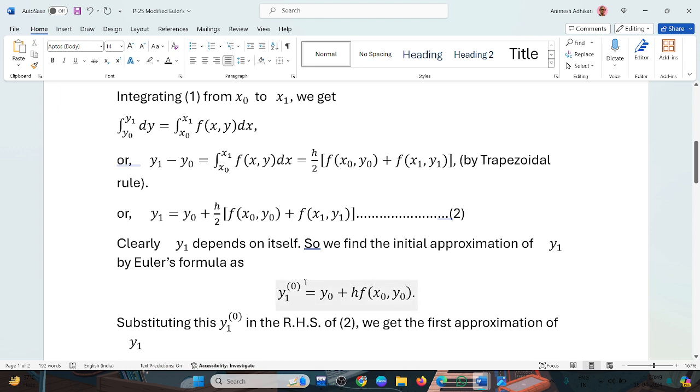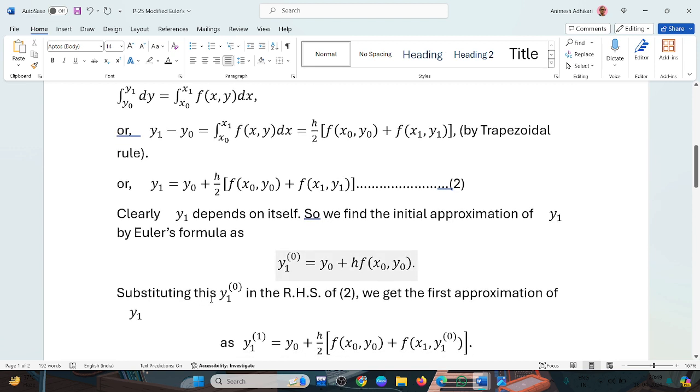This is y1^(0), where 0 indicates the initial approximation, equal to y0 plus h into f at the point (x0,y0). We substitute this initial approximation of y1, that is y1^(0), in the right hand side of 2.